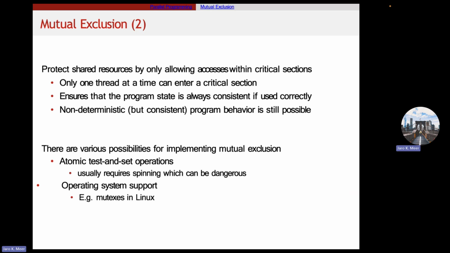So mutual exclusion is a fundamental concept in concurrent programming, which is used to prevent multiple threads or processes from simultaneously accessing a critical section of code that manipulates shared resources. This helps to avoid race conditions and ensures data integrity. So first of all, what is mutual exclusion?